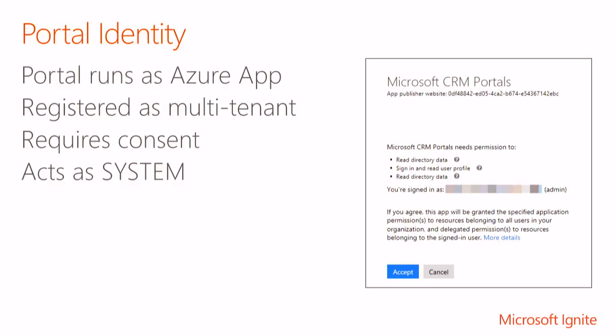So when you first install it and it hits your CRM, you get the prompt asking, do you really want to let portals talk to your CRM? And of course you say yes. And from that moment it shows up as a system user, and it's all nice and clean, so you don't have to do anything else. You just authorize it.